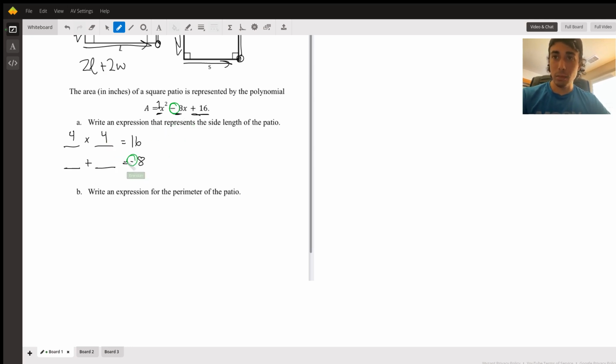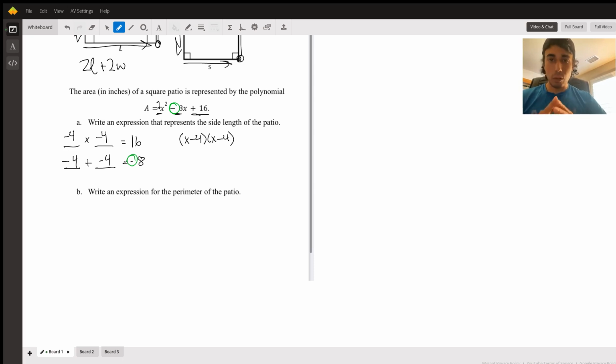So that's actually going to be negative 4 and negative 4, because negative 4 times negative 4 is 16, and negative 4 plus negative 4 is negative 8. Those are our two numbers. So we've got x minus 4 times x minus 4. Those are the two factors.